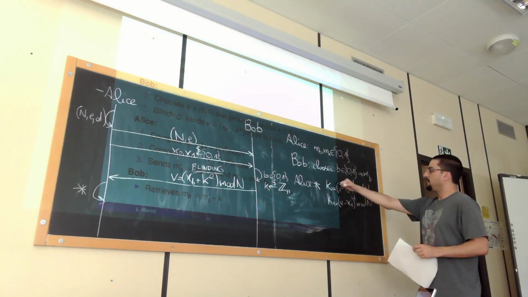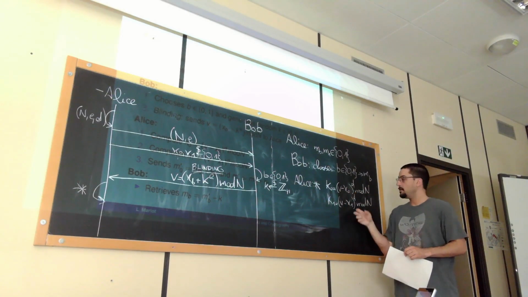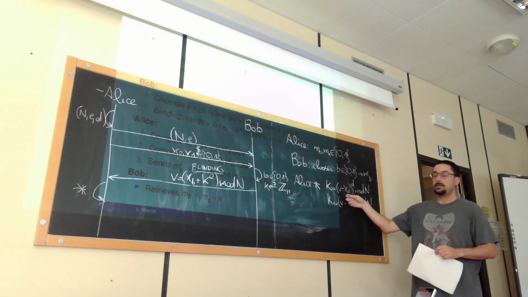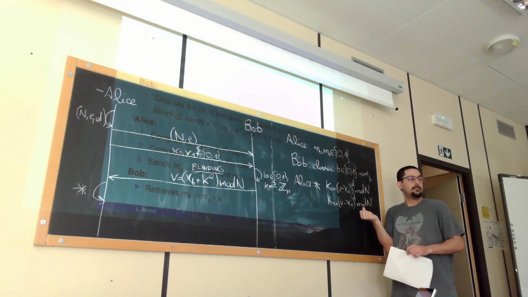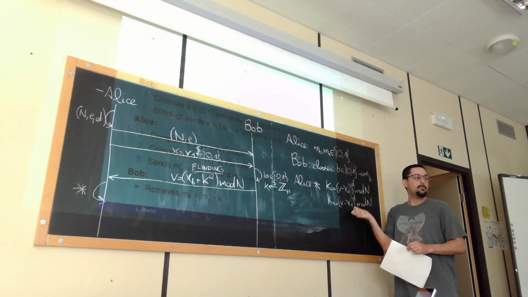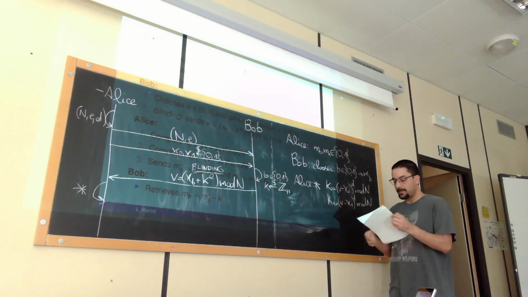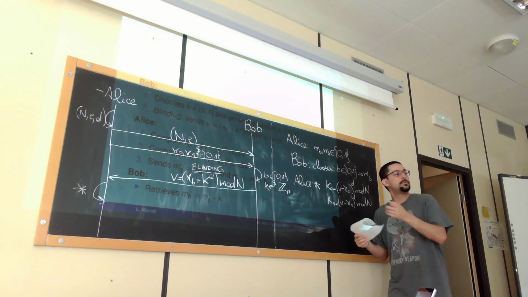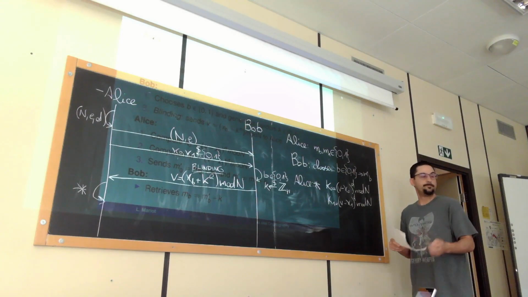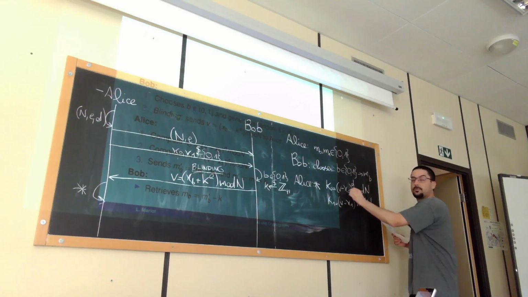If you look at these formulas, you notice that we are basically deblinding the value V, but Alice still doesn't know whether Bob chose 0 or 1 for B, because it could be both of these.